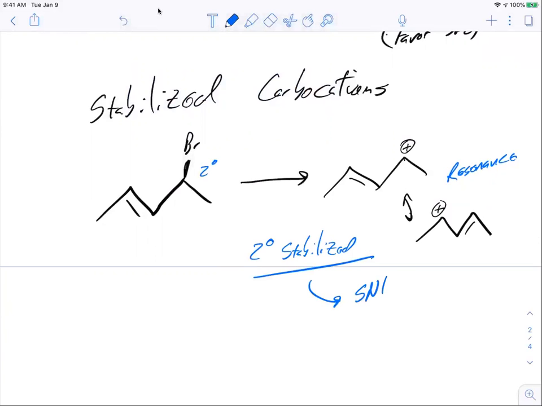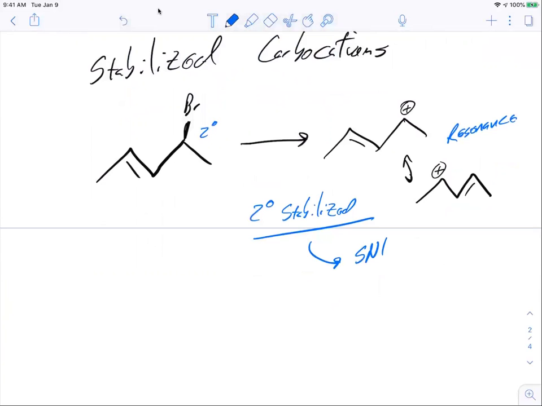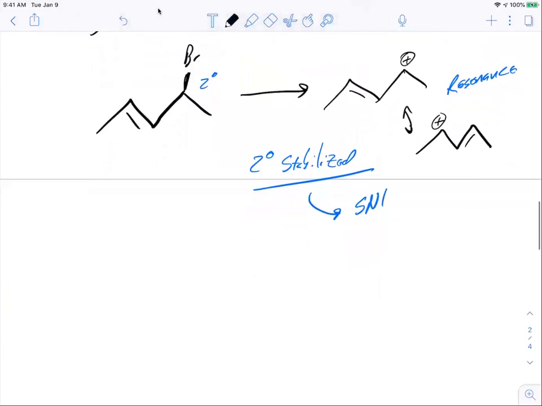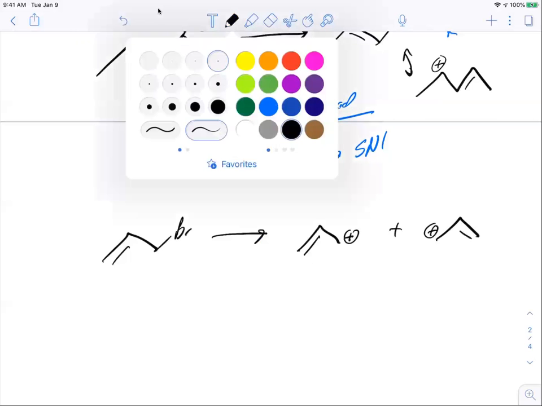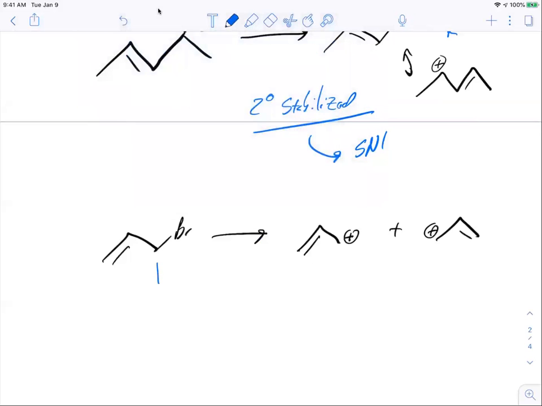Now, that doesn't mean that all stabilized carbocations are SN1. If we take a primary position, that's also going to be stabilized. But since this is primary, that means that it has low steric hindrance for an SN2.